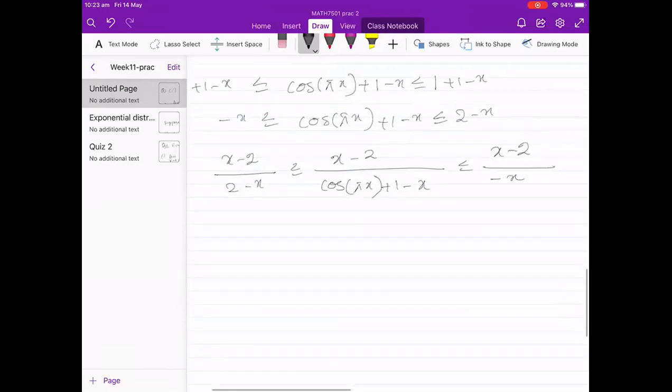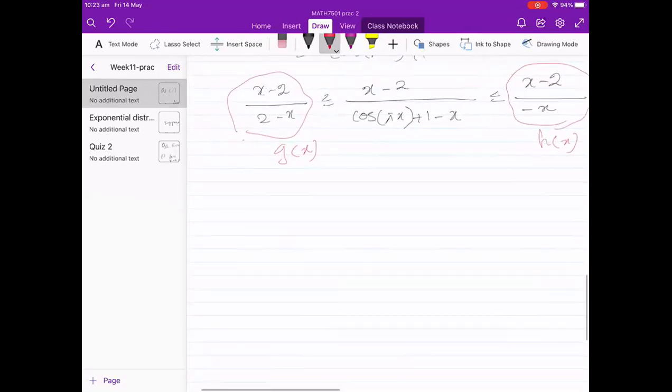Again, you can consider this to be your g(x), that to be your h(x), and that would be limit as x tends to infinity of g(x).